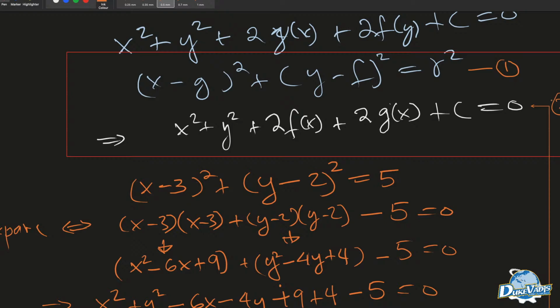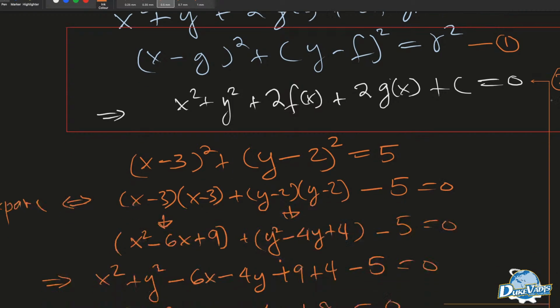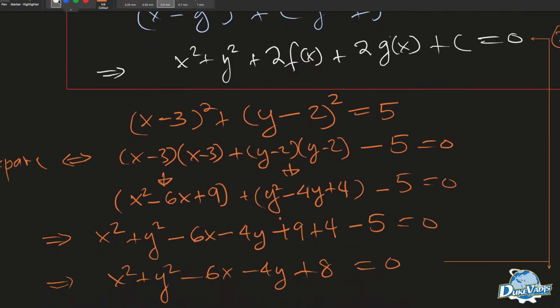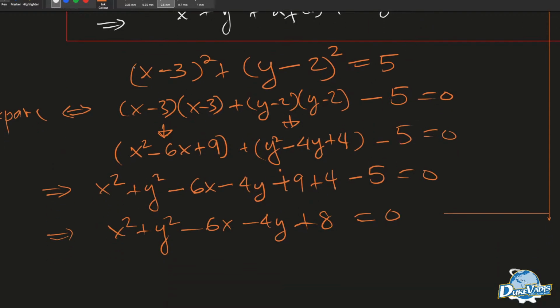Okay, so if you don't really get it, now let's go back and take the equation we all know to be the general equation, which is similar to the one. Let's say we have x minus a squared plus y minus b squared is equal to r squared.